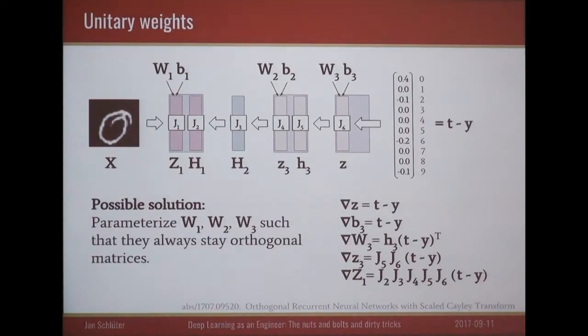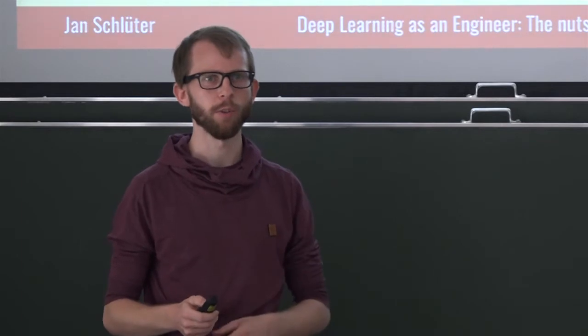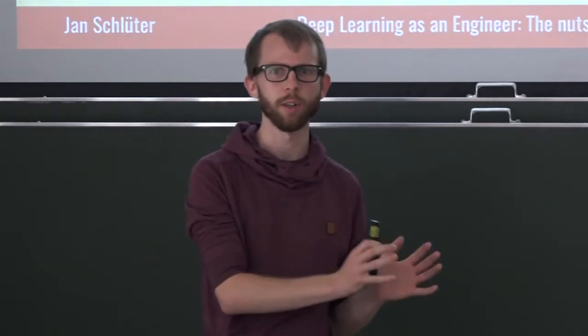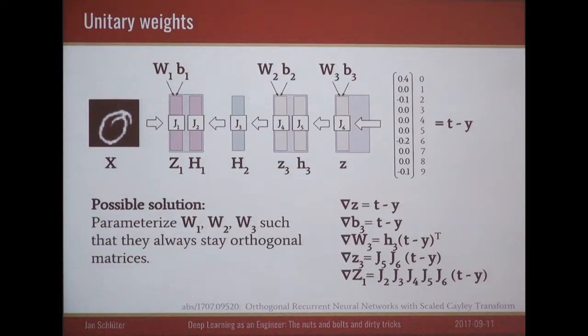Or another way is to parameterize the weights such that we don't only initialize them to orthogonal matrices, but we parameterize them in a way that they can always only be orthogonal matrices.